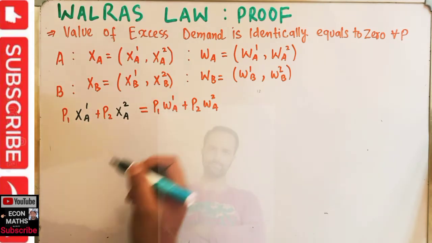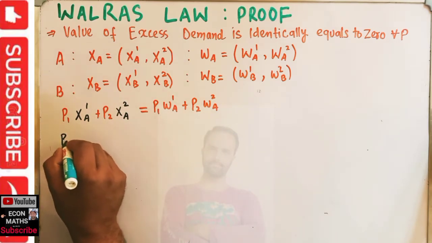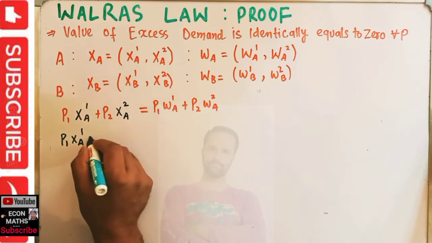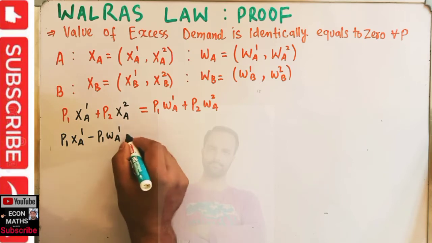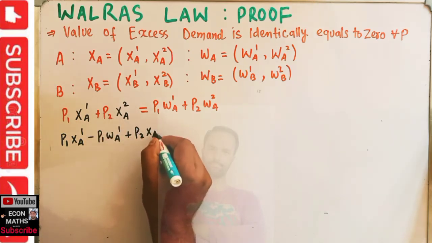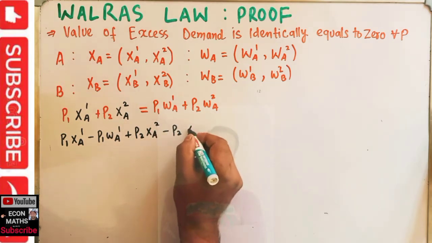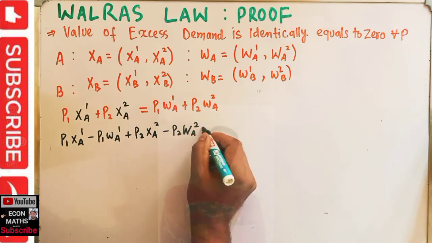Now I can rewrite it also. If I write it like this, P1 XA1, I will transpose this term, that is minus P1 WA1, plus P2 XA2 minus this term P2 WA2.